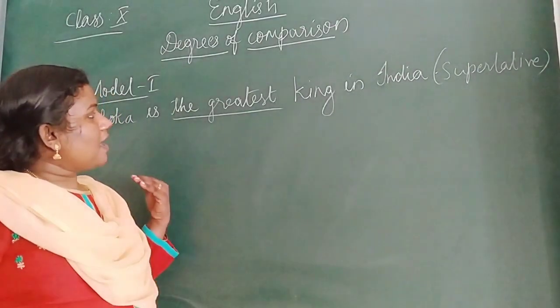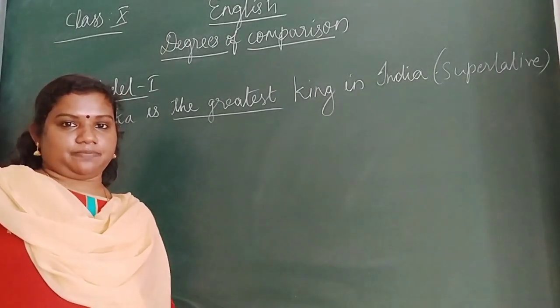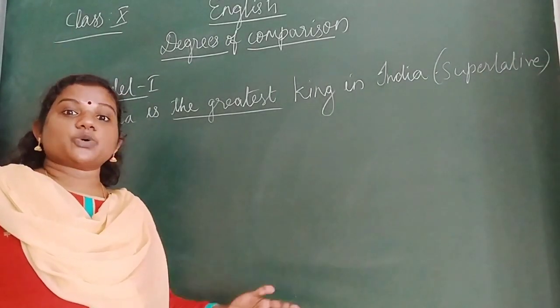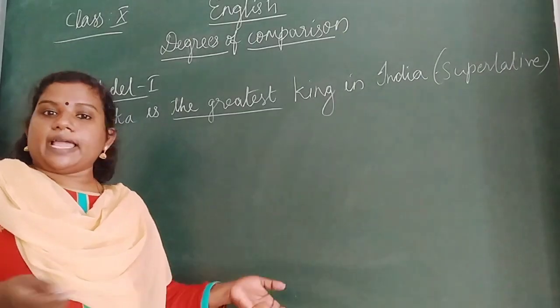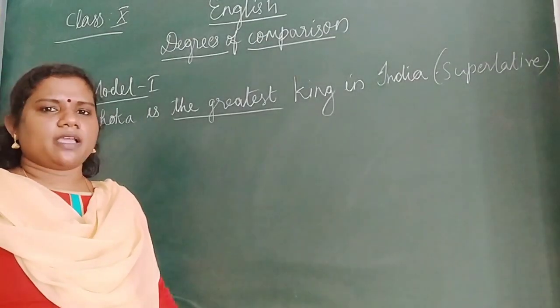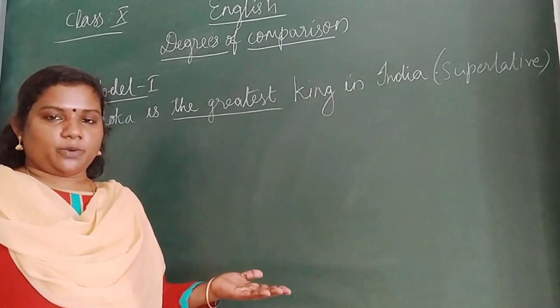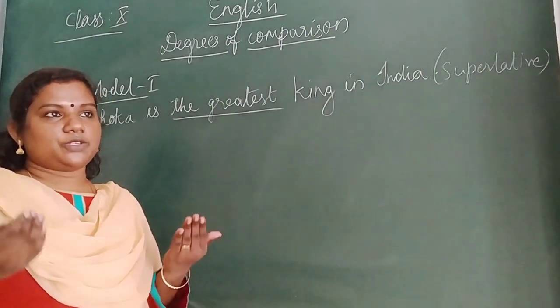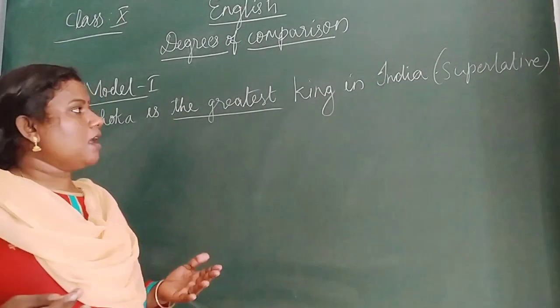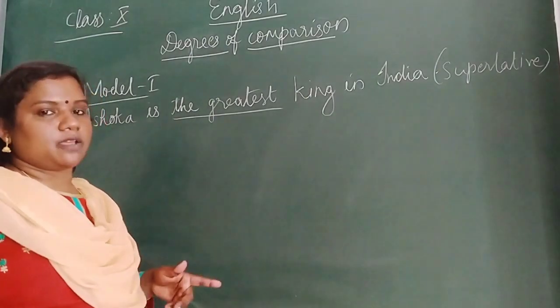Many kings are in India, but Ashoka is the greatest one. Like Ashoka, no other king is there in India, at all levels, in courage, in ruling, in showing kindness to people. Ashoka is the greatest king. That is the meaning of the sentence.